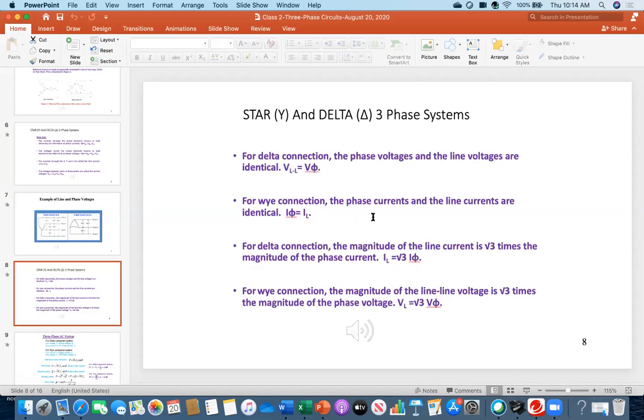For Y connection, the phase current and line current are identical or the same: I phase equals IL. For delta connection, the magnitude of the line current is root 3 times the magnitude of phase current.